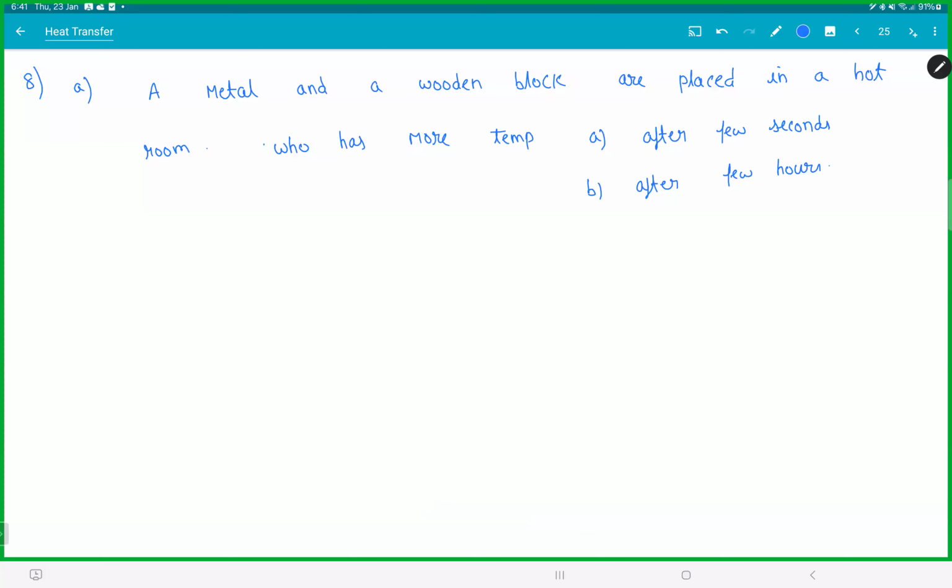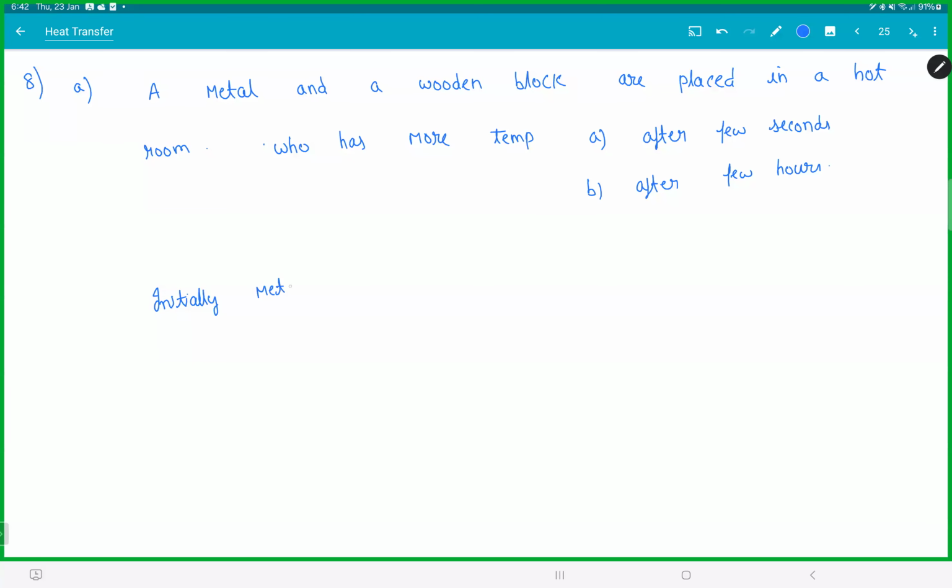See. Now, if you see, the metal initially will absorb heat faster because it has high conduction, and temperature will rise faster. But can it exceed the room temperature? It cannot exceed room temperature, isn't it? That means eventually the metal temperature has to reach room temperature. Now, when you put wood, what is the difference? Wood will absorb slowly, but if you keep it for long enough, what will happen?